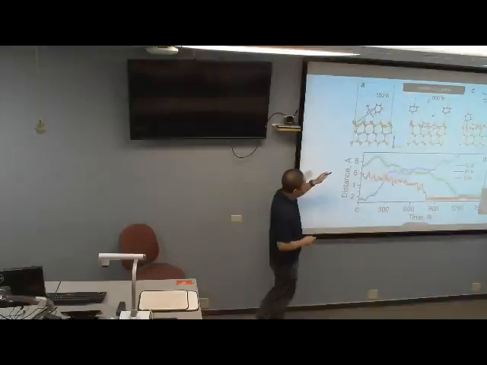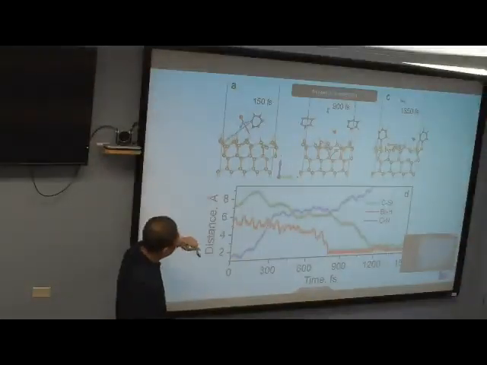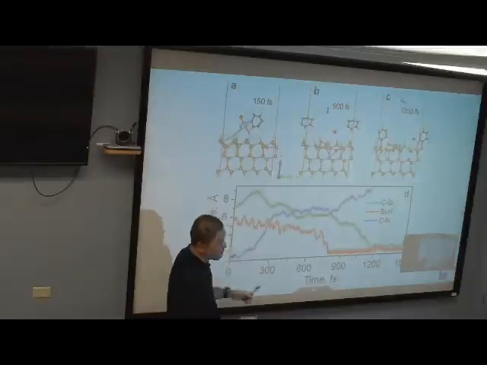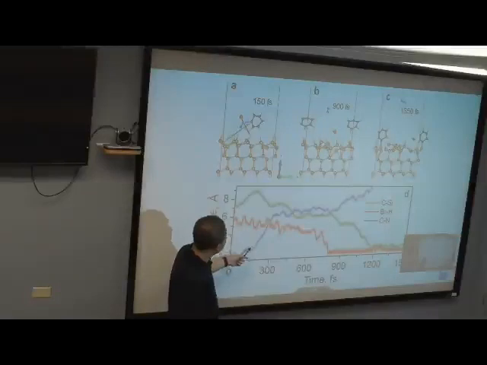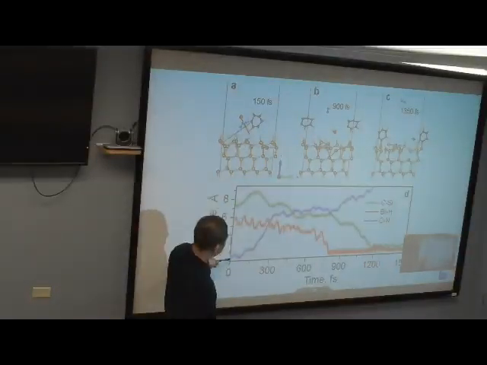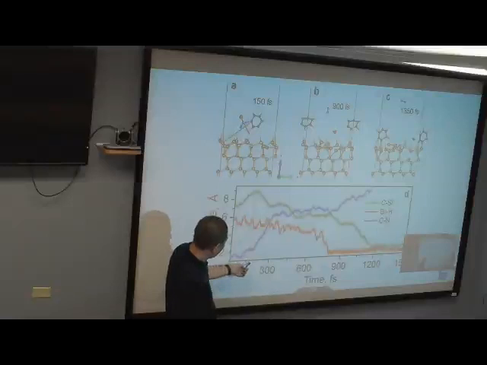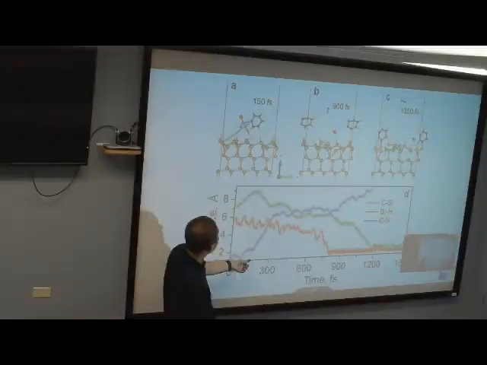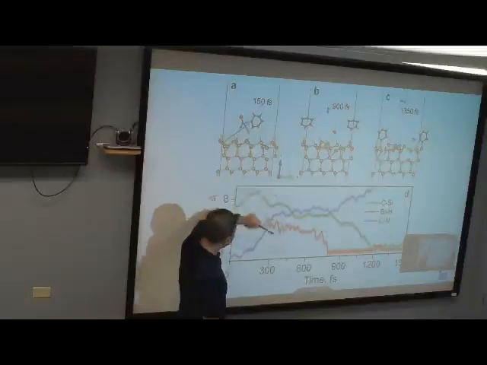Okay, here are the results from my trajectory. Here we track the bond distance of different pairs. The blue one corresponds to the distance between nitrogen and carbon. As we can see, as time goes by, this distance becomes larger. That means bond breaking is happening. For example, at 150 femtoseconds, the nitrogen is far away from the carbon.